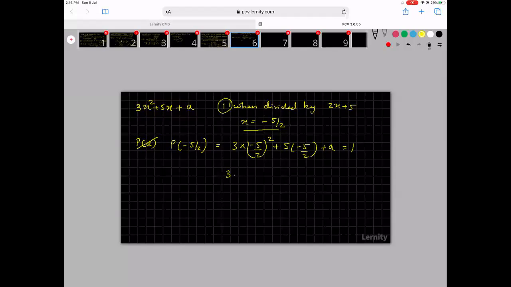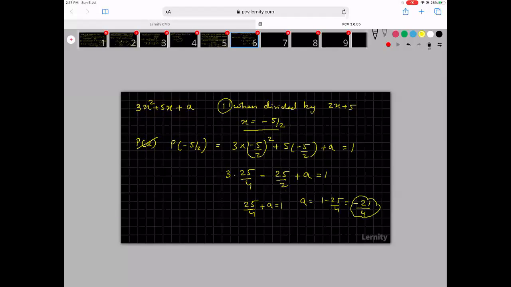So this becomes 3 into 25 by 4 minus 25 by 2 plus a is equal to 1. This is 75 by 4, this is 50 by 4. So it becomes 25 by 4 plus a is equal to 1. So a is equal to 1 minus 25 by 4, that is minus 21 by 4.